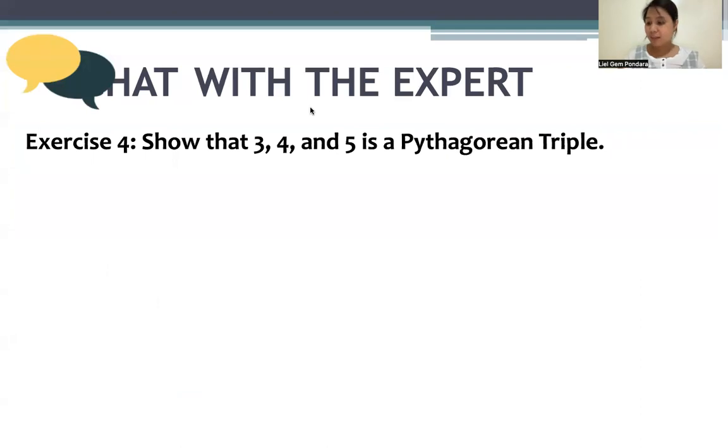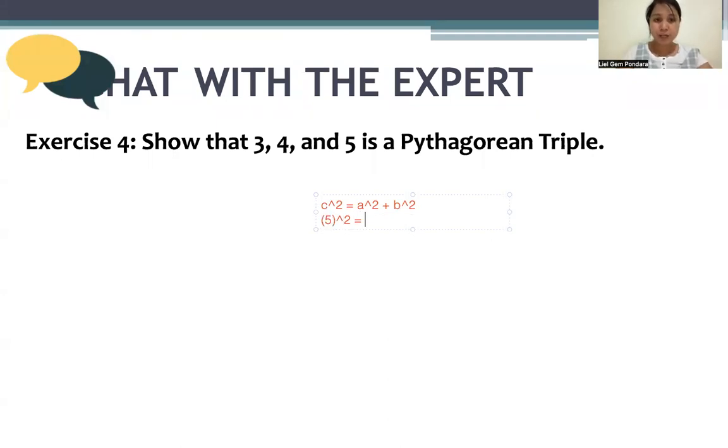Now we show that 3, 4, and 5 is a Pythagorean triple. How do we do that? It's just the same as the one in the triangle. C squared equals A squared plus B squared. Again, C is the longest side.